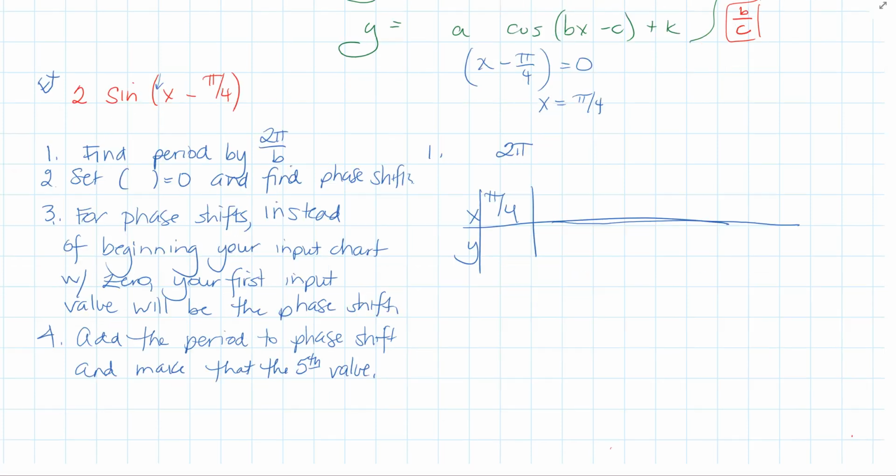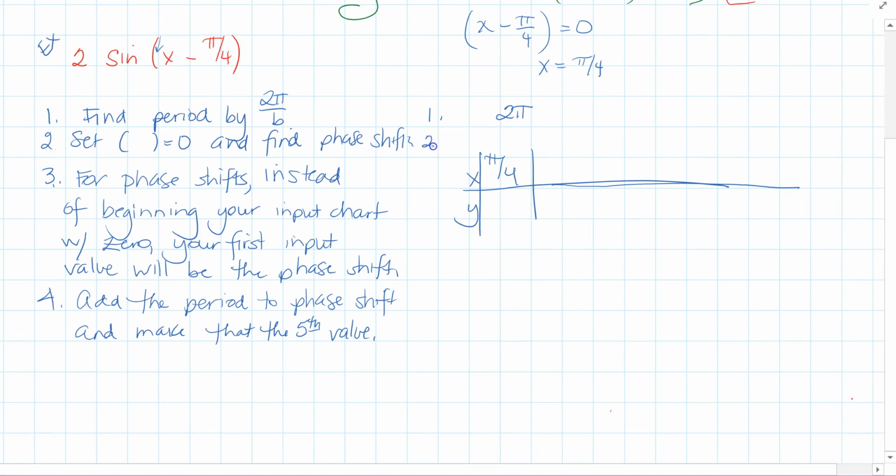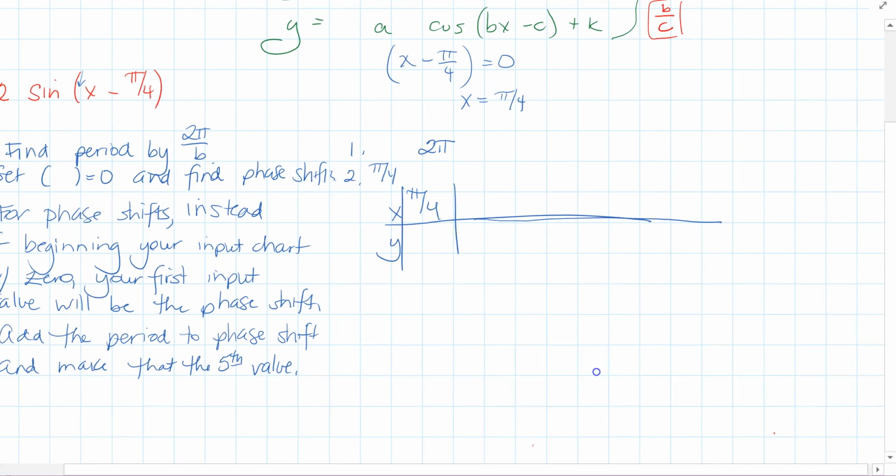So I think I'll add that. Okay, so I added it. In this case, number 2 was pi over 4. For step 3, for the phase shift, instead of beginning your input chart with 0, your first input will be the phase shift itself. And then step 4, add the period to the phase shift and make that the fifth entry or value.